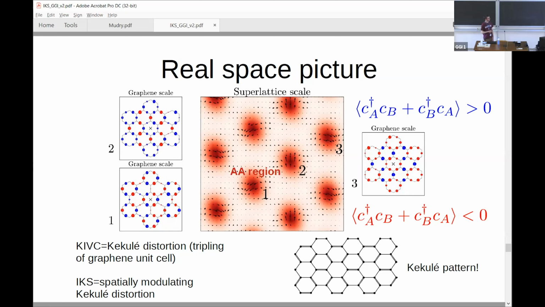If you're talking about the validity of this Hartree-Fock approximation, when we've computed these bond order parameters here, it's just taking our Hartree-Fock results and essentially doing a Fourier transform to go from momentum to real space, and then this gives you this Kekule pattern we're showing here.